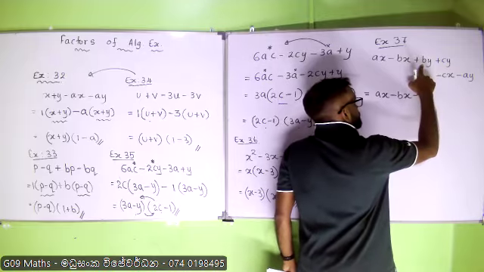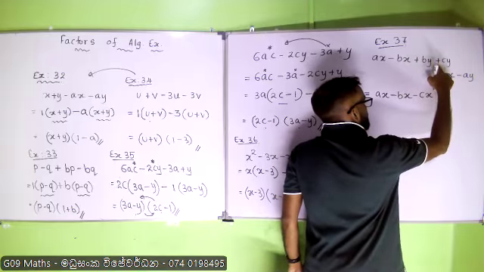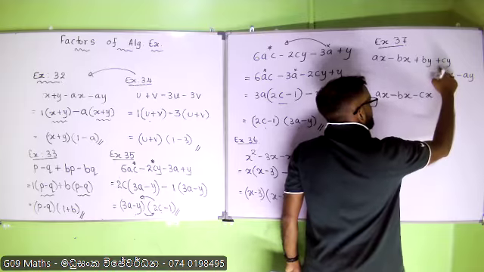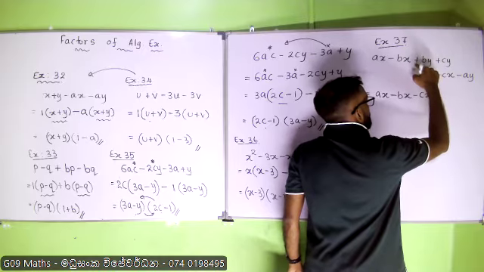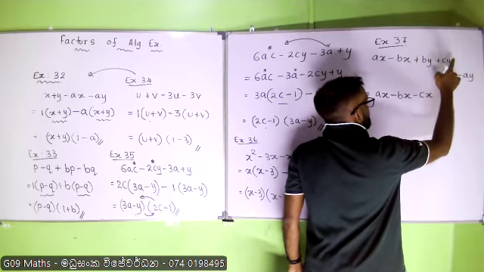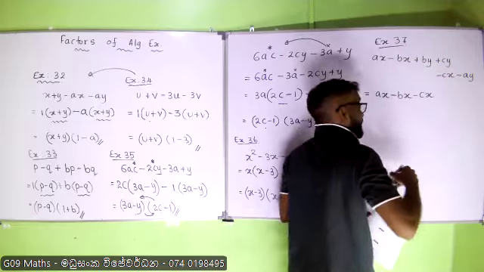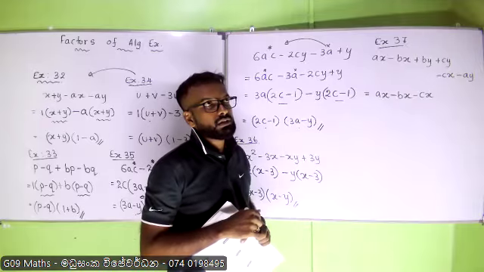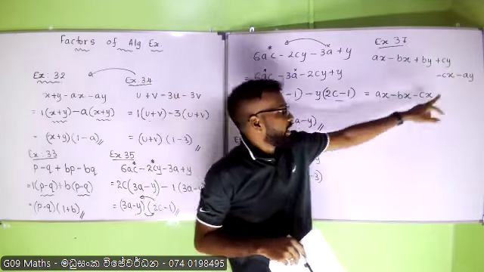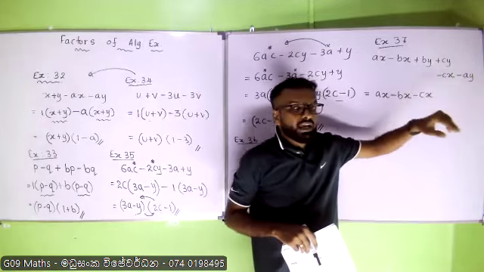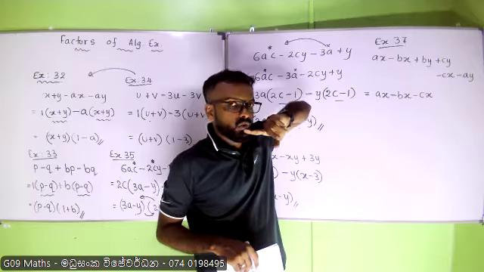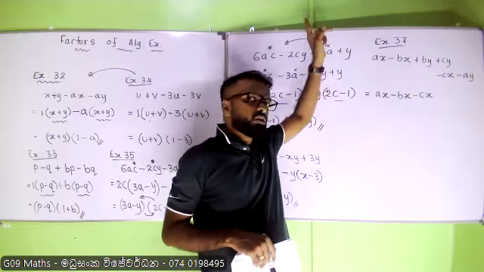b plus c, right? And plus by plus cy and negative ay. Negative ay. So ay is at the end, and I am going to take it to the front.